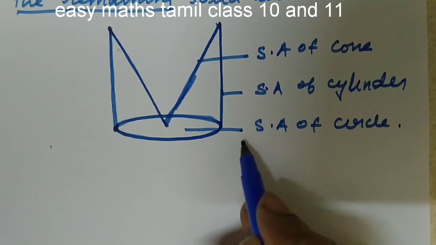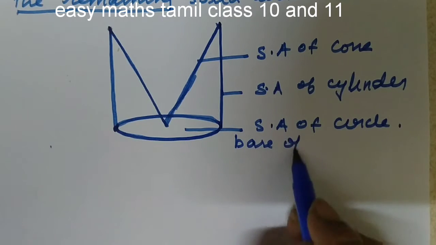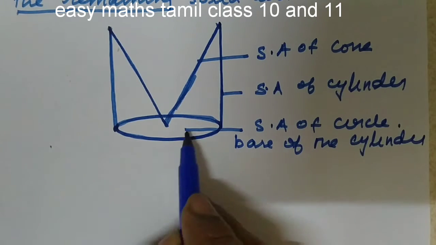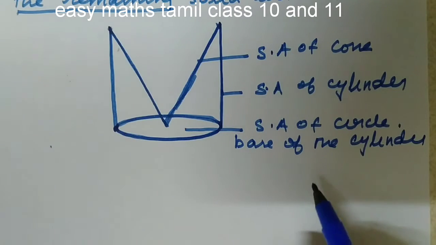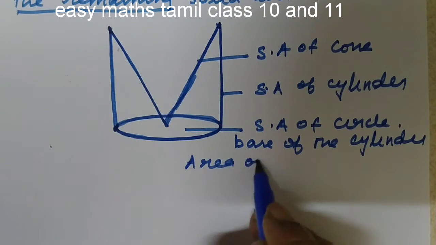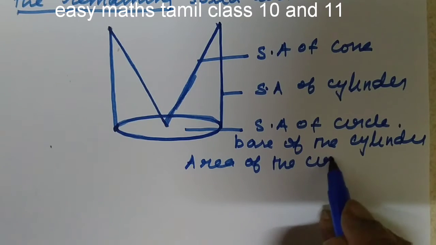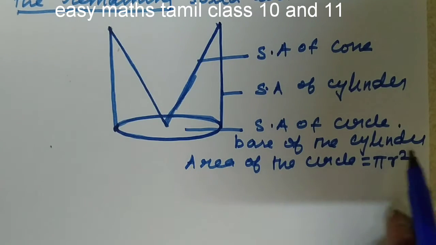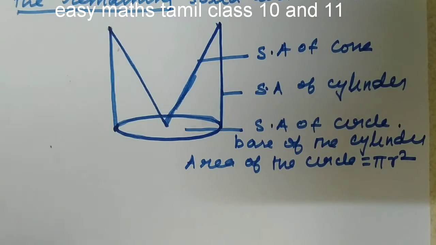This is the base of the cylinder. The base of the cylinder is a circle. So we have to find the area of the circle. Area of the circle is pi r square.